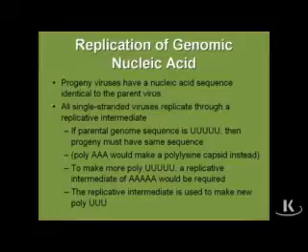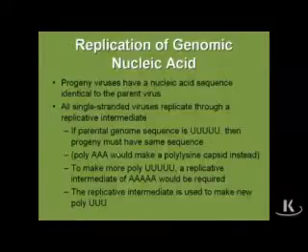And what we're talking about in this second bullet point that I'm going to really demonstrate probably a little bit better in the next slide is that the single-stranded viruses, like we discussed, let's say for a positive stranded RNA virus, has to use a replicative intermediate that is a template.